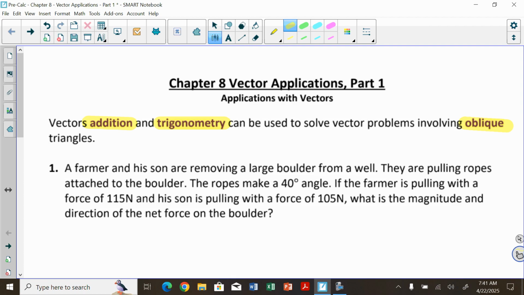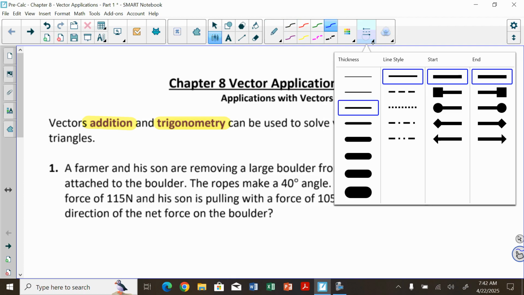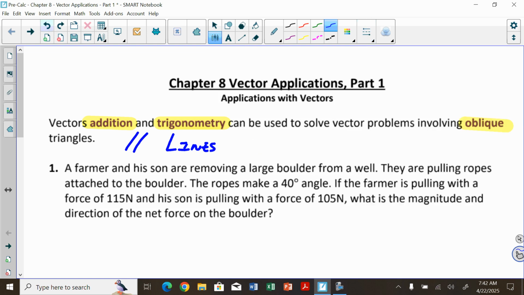Okay, so that means you're probably going to need some parallel line info. Right, their angles, I should say. Lines, angle info. You know, that's your alternate interior, alternate exterior, corresponding, all those.